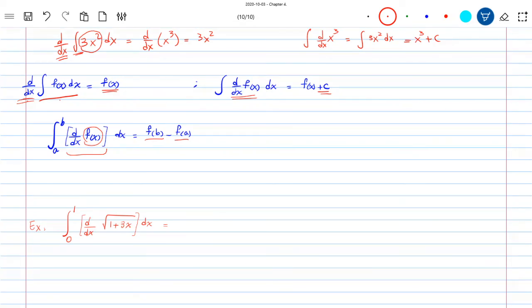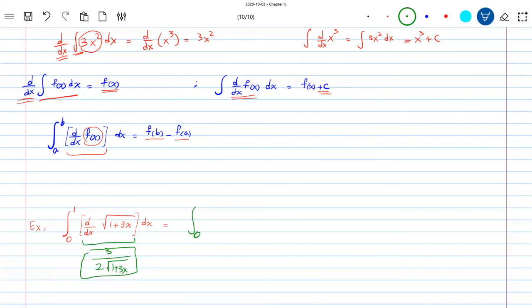So why is it useful? In this case, if they ask you to calculate this derivative, you will get a function, whatever that function is. It is 1 divided by, let's say, 2 square root of 1 plus 3x times 3. So let's say you will get this as the derivative.